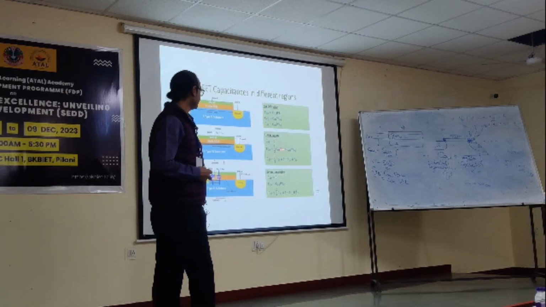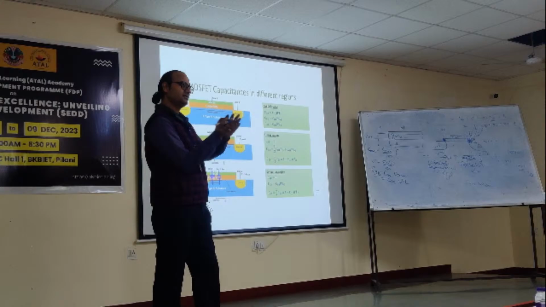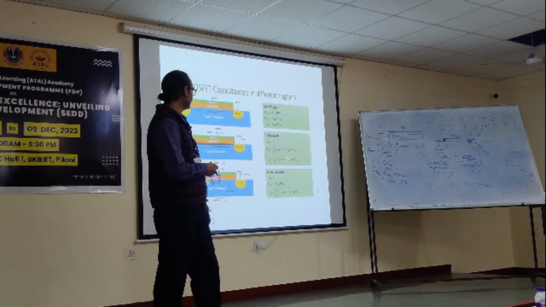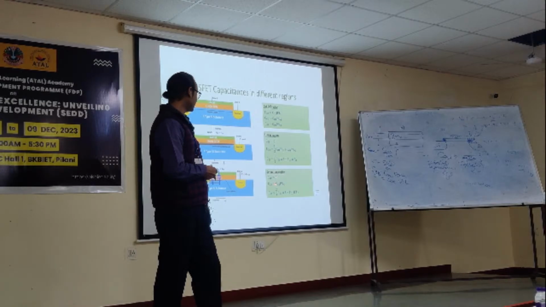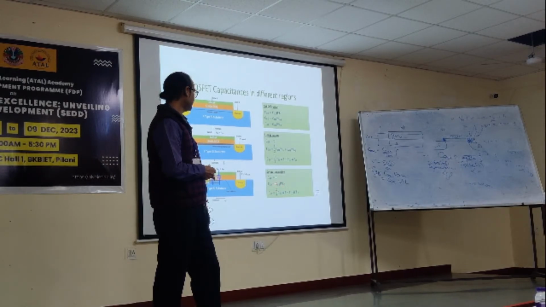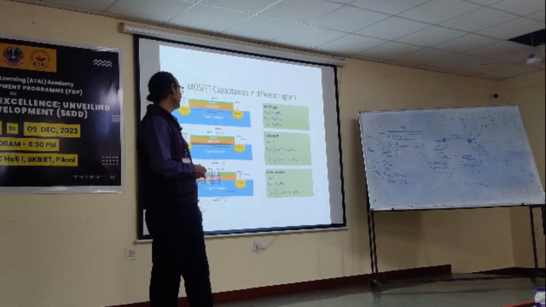And the rest we just split in half, right? You can see this half here. We just make it half towards the source, half towards the drain. This is overlap. Again, half towards source, half towards drain, and overlap. Here, CGD under the saturation region, we will take this as COX W LD.